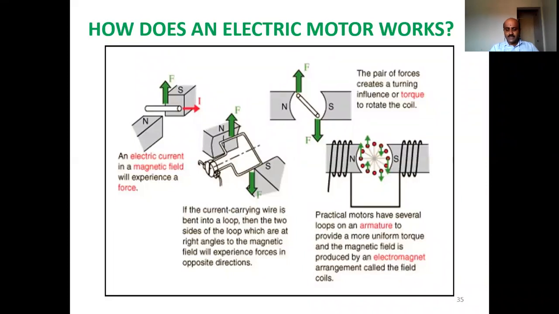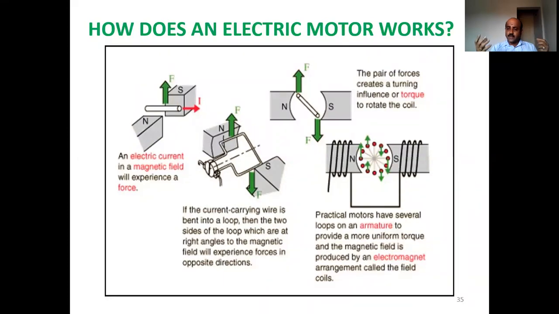So this is the basic principle over which electric motors work. In the sense, electric motors have several loops of coils wound on the armature, and the armature will provide a uniform torque.